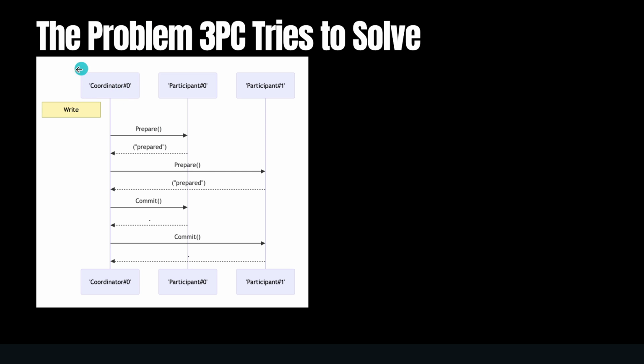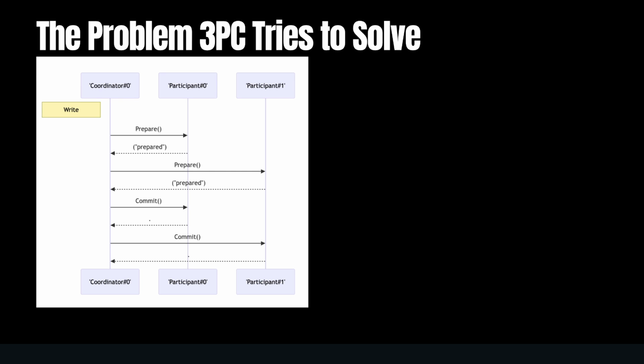Basically, if the coordinator fails during phase 2, which is the commit or rollback phase, participants that have entered the prepared state might be left hanging indefinitely, holding locks on resources.